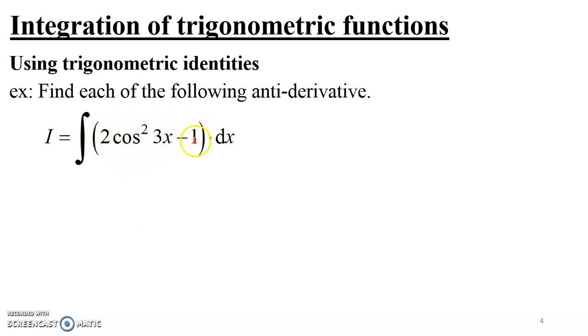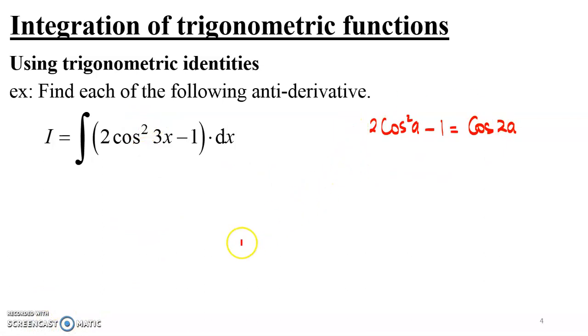If we look over here at 2 cosine squared 3x minus 1, it reminds me of a specific identity, in the form 2 cosine squared a minus 1. We know that 2 cosine squared a minus 1 is in fact cosine 2a. However, what is a in this case?